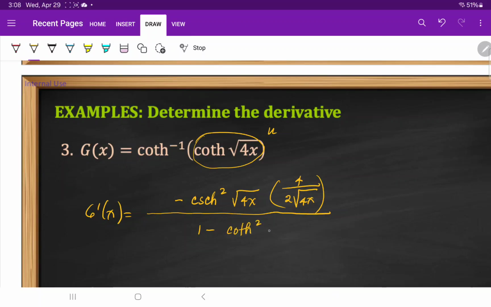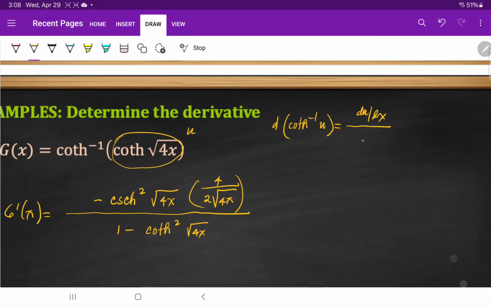Hyperbolic cotangent squared of the square root of 4x. Like du dx over 1 minus hyperbolic cotangent squared of the square root of 4x. 1 minus u squared. Again, let's write the formula. The derivative of inverse hyperbolic cotangent u is du dx over 1 minus u squared.